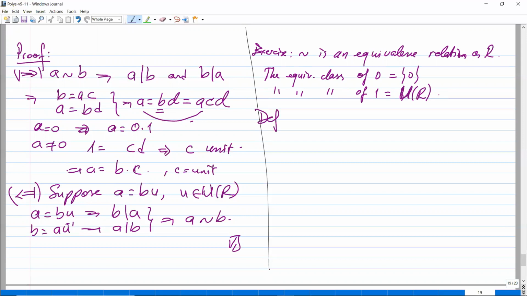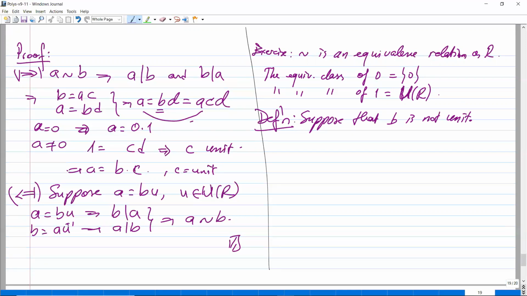Here's a definition. Think of integers. In the integers, 2 is associated to -2, or 5 is associated to -5, etc. Those are the only elements associated.